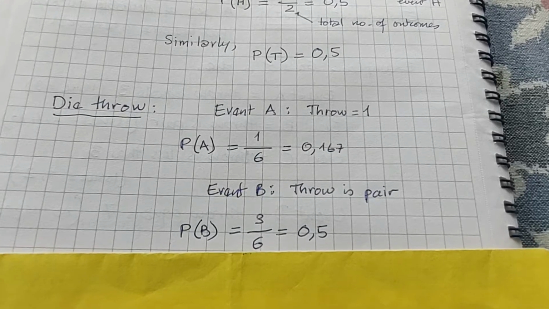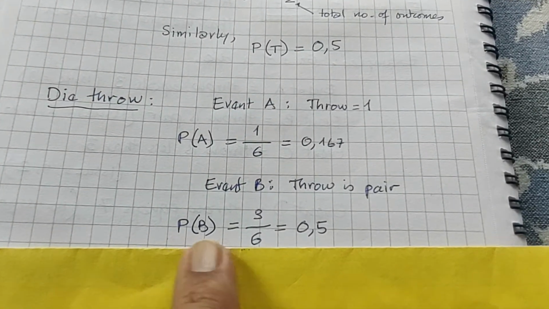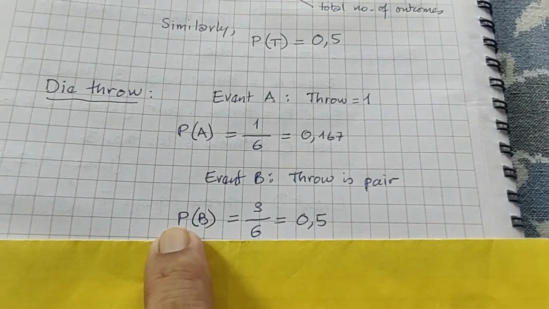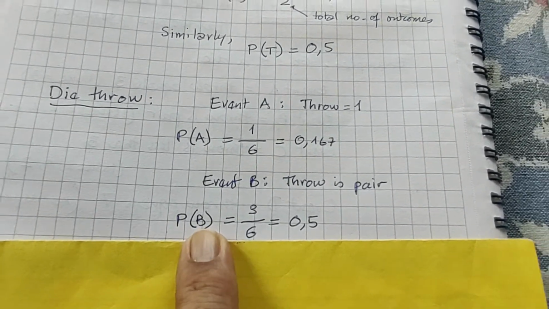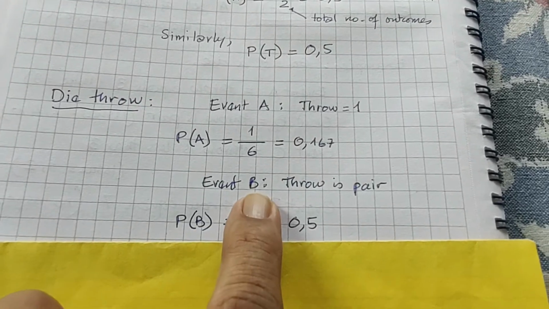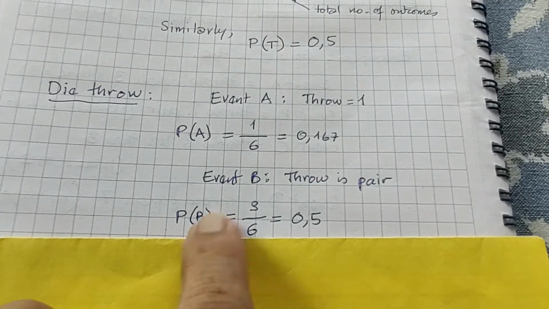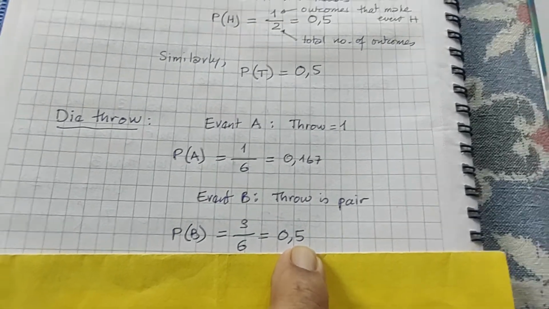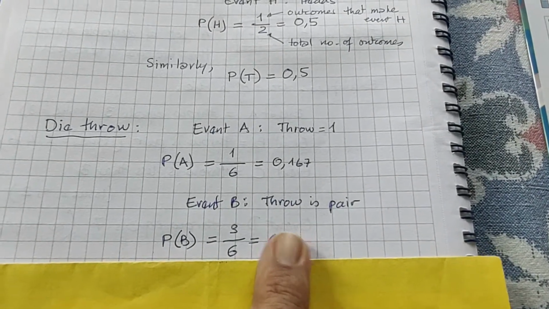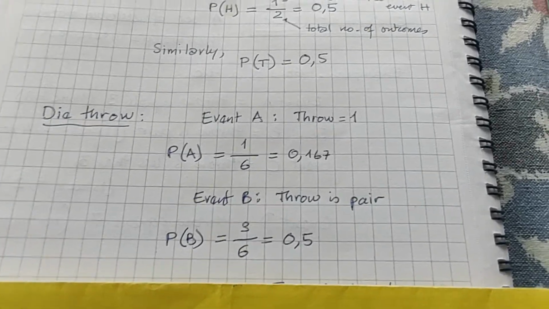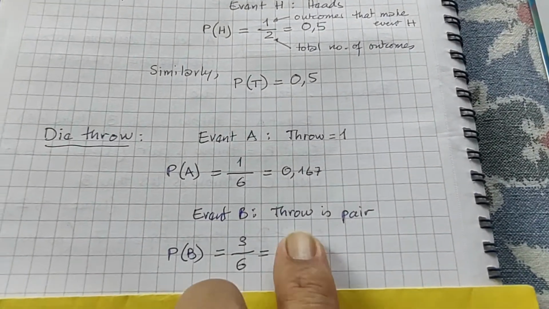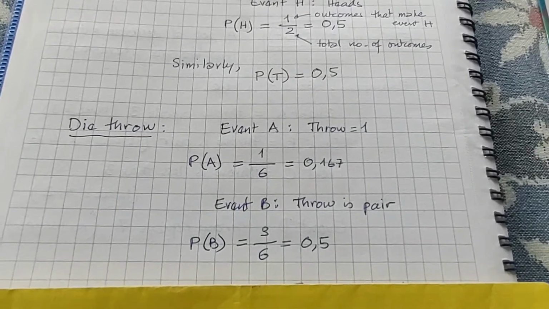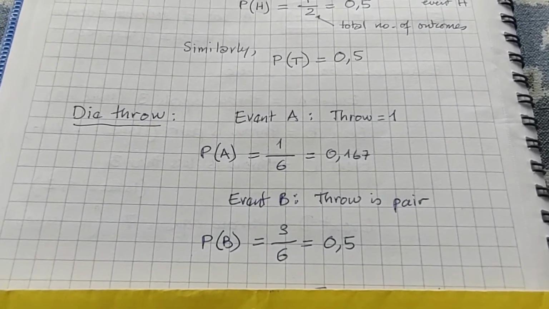So the probability of B, P of B, is also like a function, no? The probability function for input B, where the input is the event. So here you get 3 over 6, which is 0.5. Whenever you throw a die, you have a 50% chance of getting a pair number, which is intuitively correct, because half the numbers are pair.